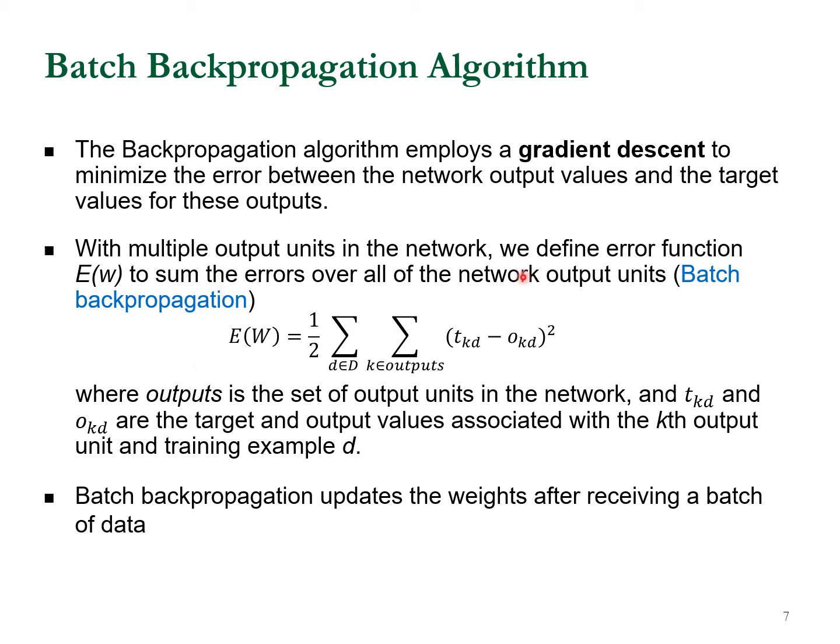So in batch backpropagation, this is the error definition, and as you can see, this error function is defined over every data. This error function is used in batch backpropagation. As I said, batch backpropagation updates the weights after reading the entire data, the batch of data. That's why it is called the batch backpropagation algorithm.